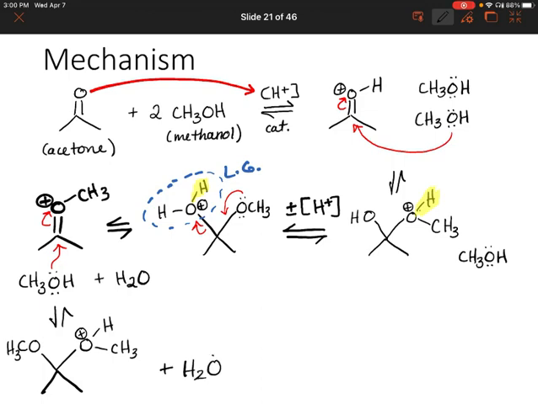And now that water molecule can take the hydrogen, or deprotonate, our positively charged oxygen.